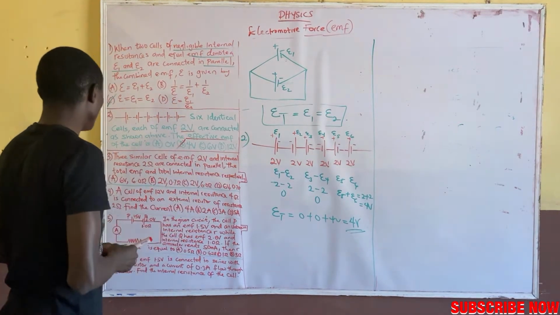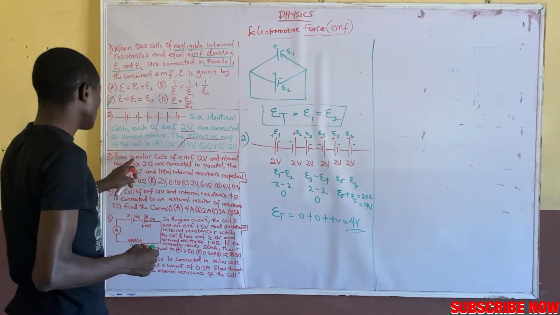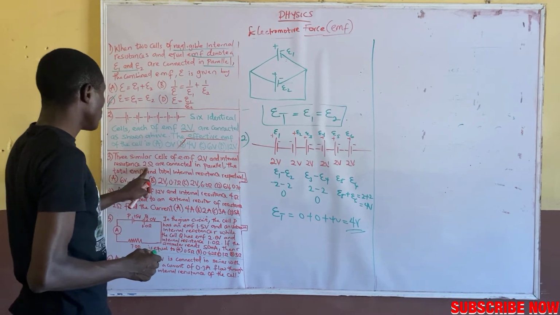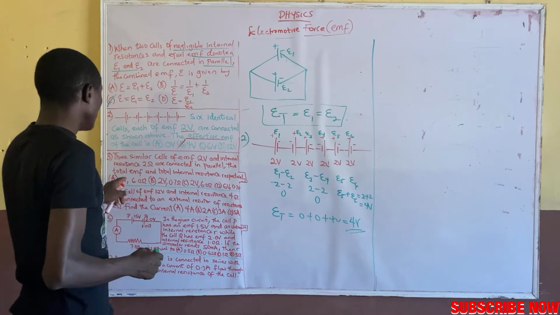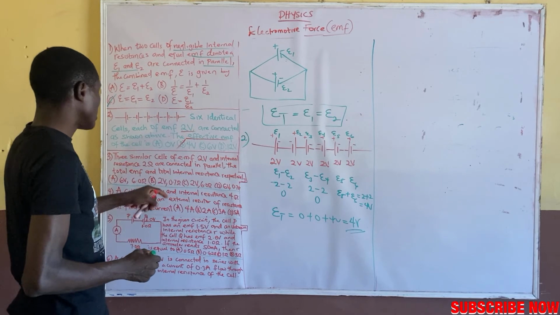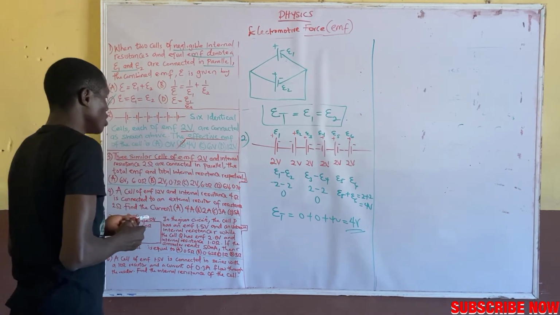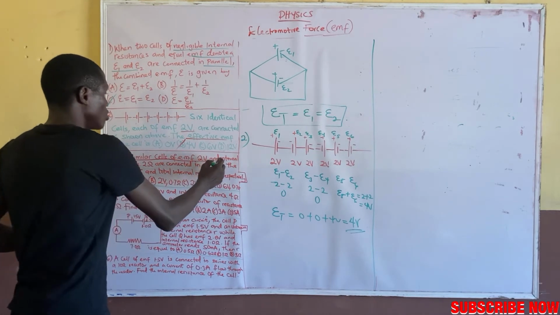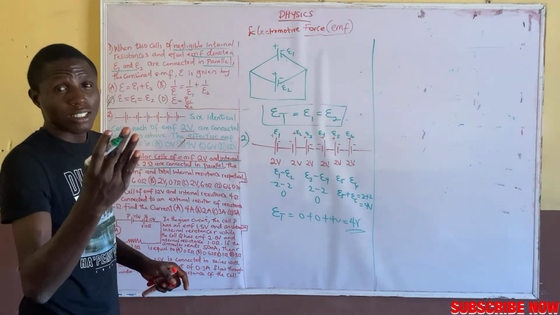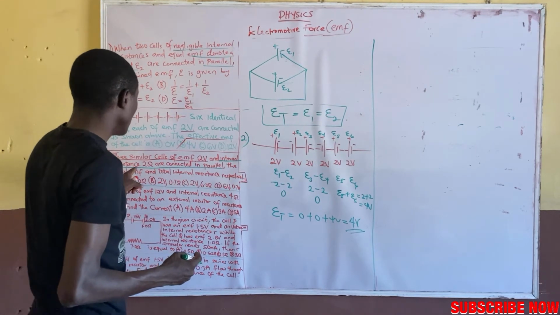Now, the next one is 3 similar cells of an EMF of 2 volts and internal resistance 2 ohms connected in parallel. Find the total EMF and the total internal resistance respectively. Now, 3 similar cells, the same cells, are connected in parallel.